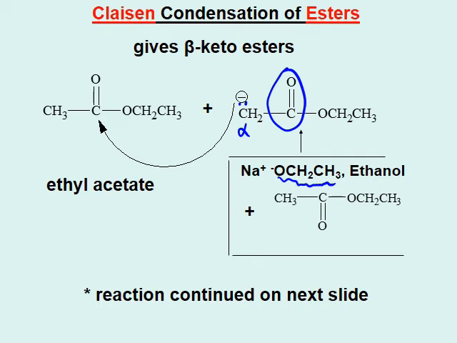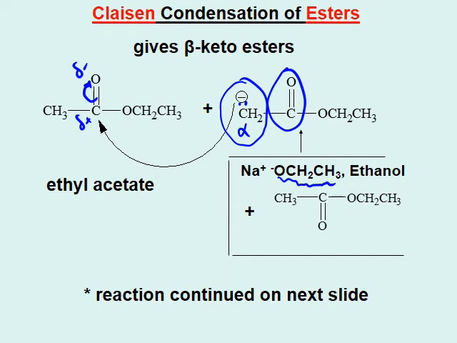And that pair of electrons is attracted to the positively charged carbon, because oxygen pulls the electrons away from carbon. So this alpha carbon of the second molecule makes a bond with the carbon of the other molecule, and then this double bond, the weaker pi bond, has to break, and it's going to leave its electron pair onto the oxygen.